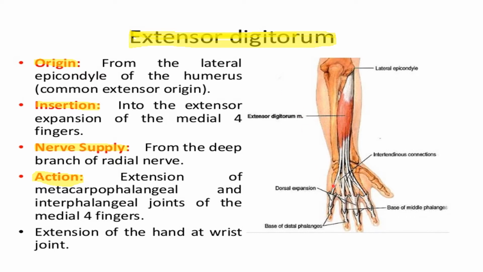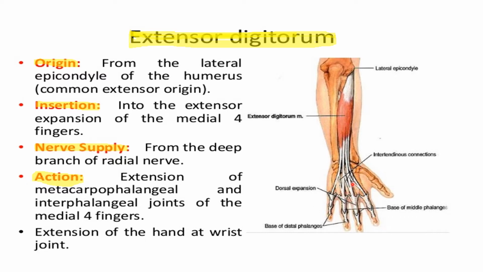Later you will study in detail what the dorsal expansion and the extensor retinaculum are when you study the hand. At this stage just remember that the tendons of the extensor muscles pass under this retinaculum, and the dorsal expansion is the connective tissue through which they insert into the phalanges.